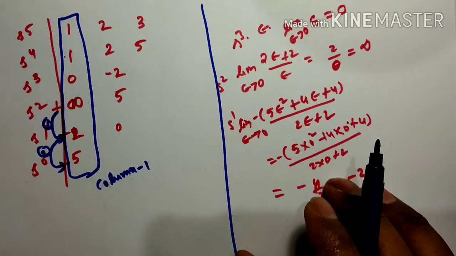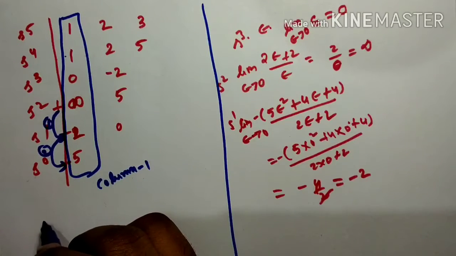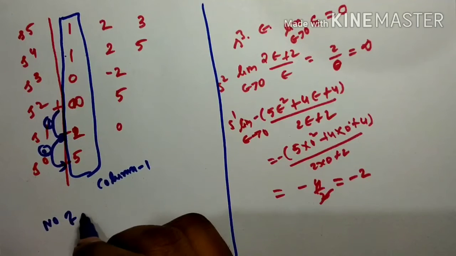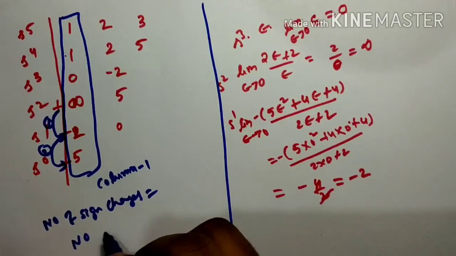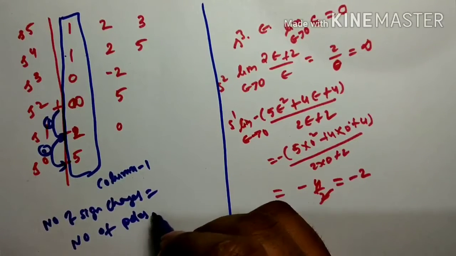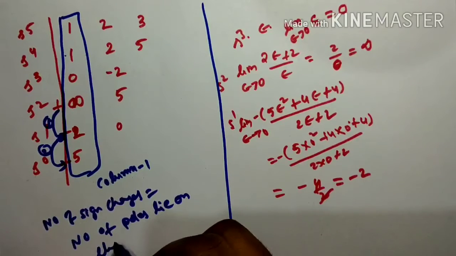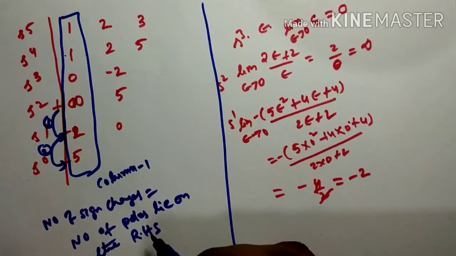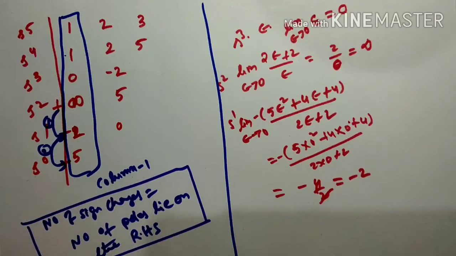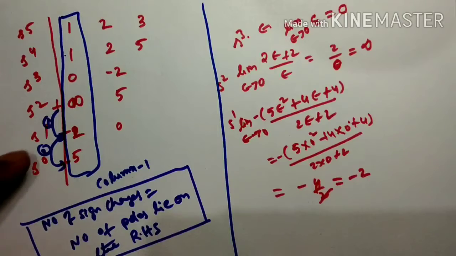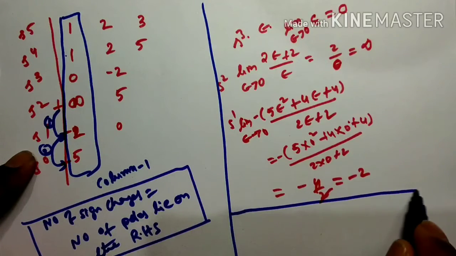I have told you the number of sign changes is equal to the number of poles lying on the right half of the S plane. This is very important.